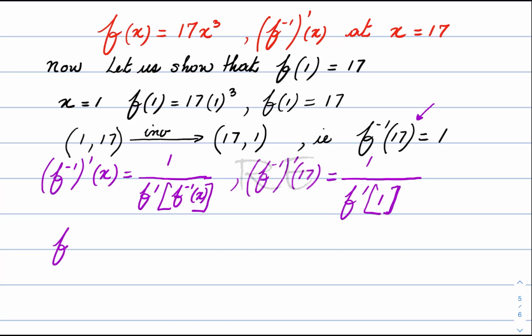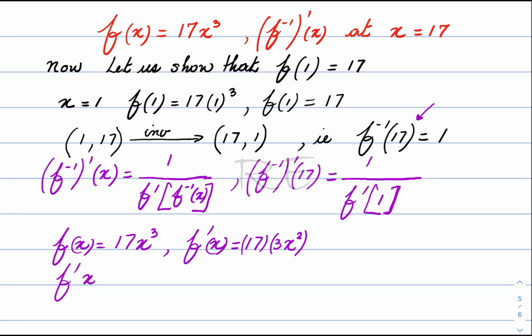Now we are going to search for the derivative of f of x. Let's just write the function. f of x is equal to 17x cubed. The derivative of f of x is equal to 17 times 3x squared. Therefore, the derivative of f of x is equal to 3 times 17, which is 51, times x squared.